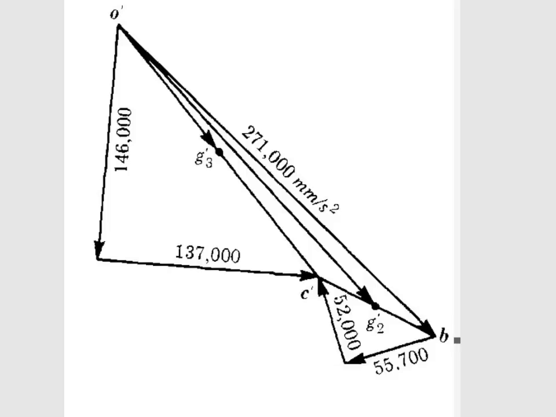This is how the acceleration polygon is. This is the normal for link 3, and this is the tangential, from O to this point, which is our C. Which link? Link number 3.